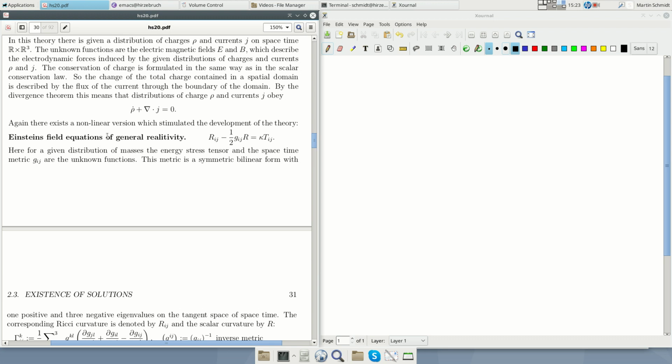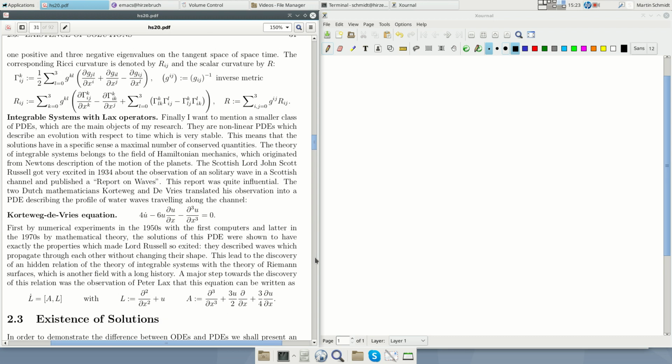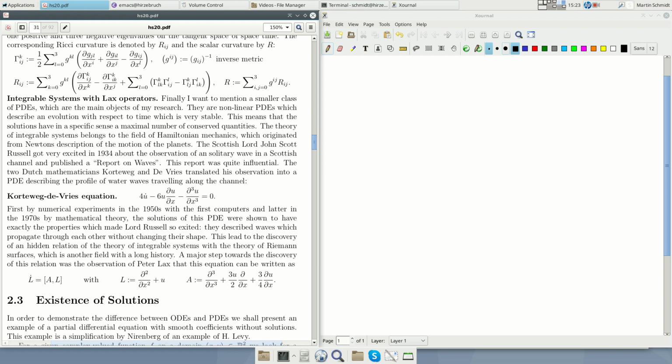Okay, and so there was also a nonlinear version, and these are Einstein's field equations of general relativity, which I also have written here. Now, so we have this enlarged class of elliptic PDEs together with the parabolic at the boundary. Then we have the hyperbolic PDEs.